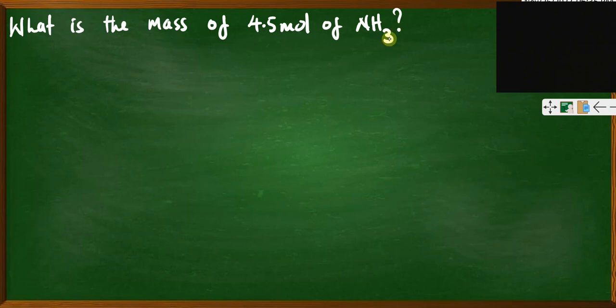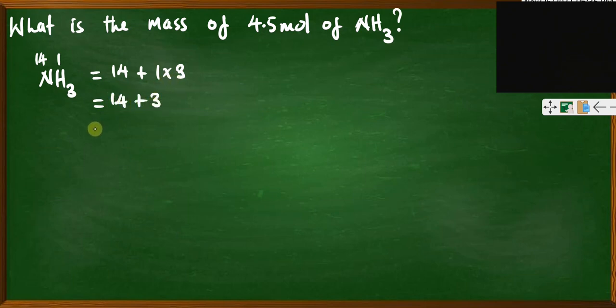So what am I going to do? First of all, I need to know the mass of 1 mole. I need to find the molar mass. So for ammonia, NH3, I'll get the relative atomic masses of each. I know nitrogen is 14, hydrogen is 1, so it will be 14 plus 1 times 3.